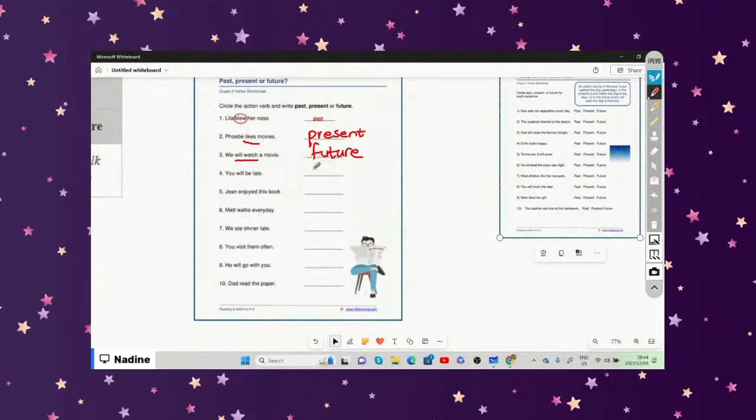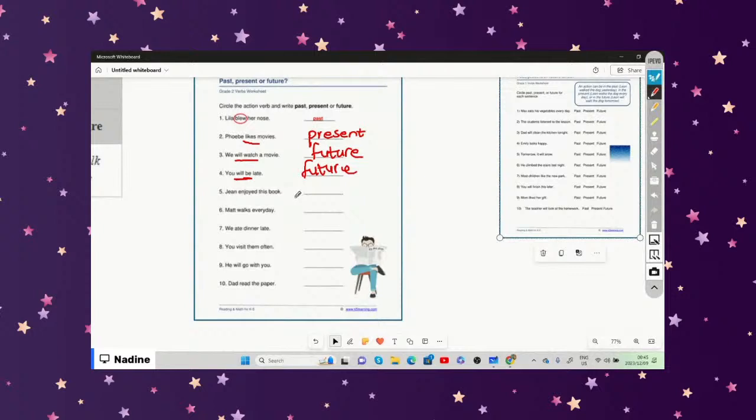All right, so this is showing the future tense, and it is you will be. You can either say only be, or we add the will to show the specific tense, right?